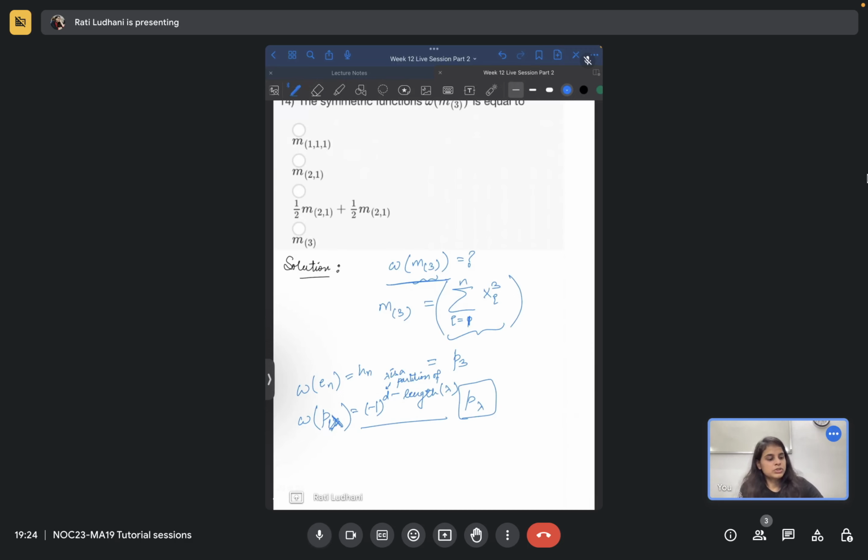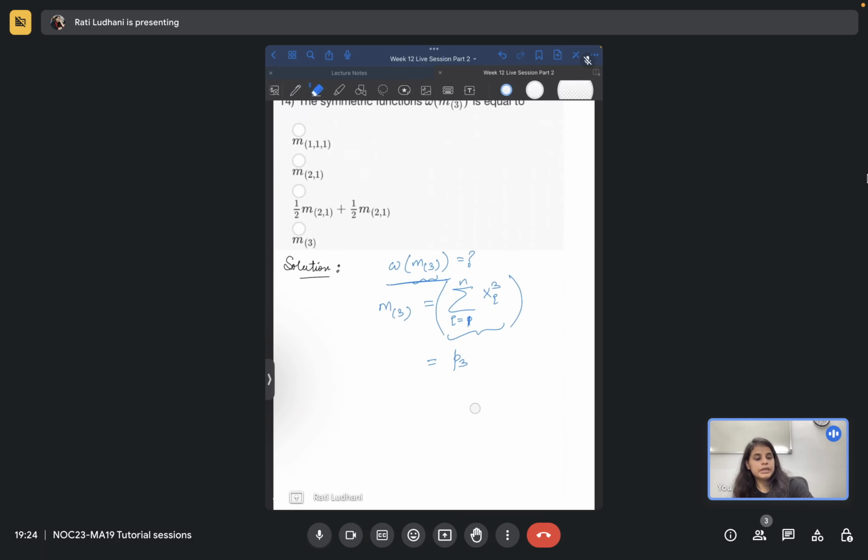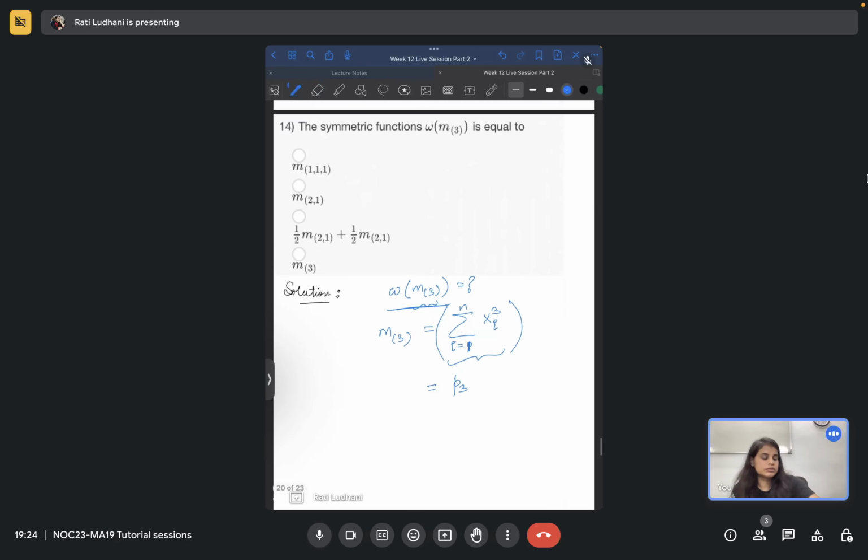So we know what this involution does on en or hn or p lambda. We know about all these three. If we know the expression in terms of p, e or h, then we can definitely find out what omega is doing on whatever we have been asked for.